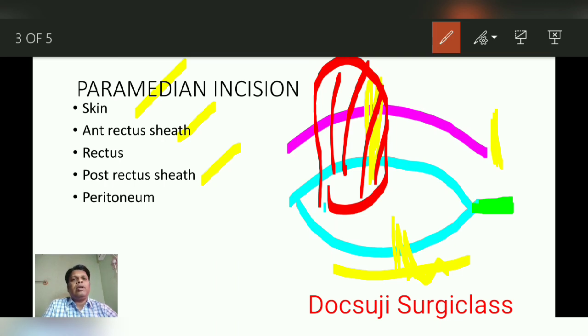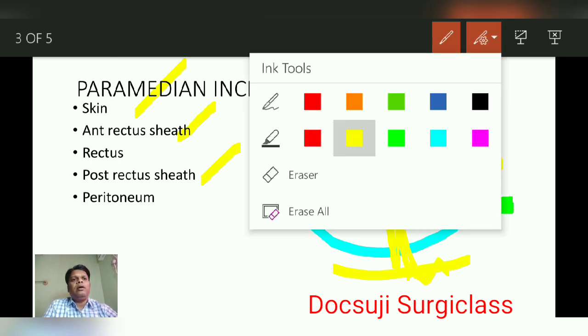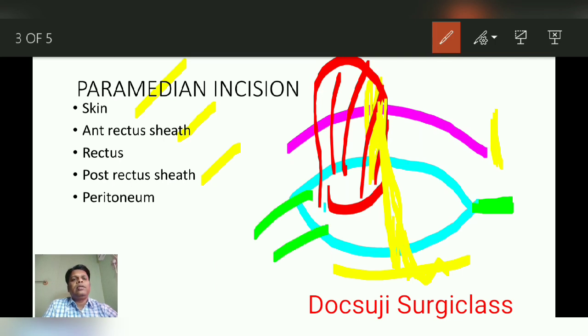In some cases the rectus muscle can be either divided or split. If you want to divide, you have to divide along the line of incision only, because the nerve supplying the rectus comes in the lateral and posterior aspect. So try not to go laterally; go along the line of incision or close to the medial aspect.